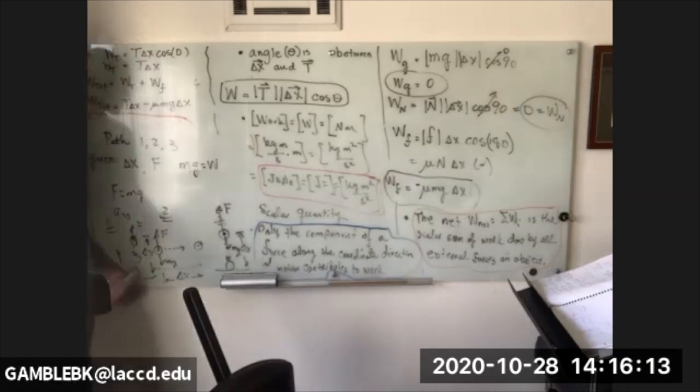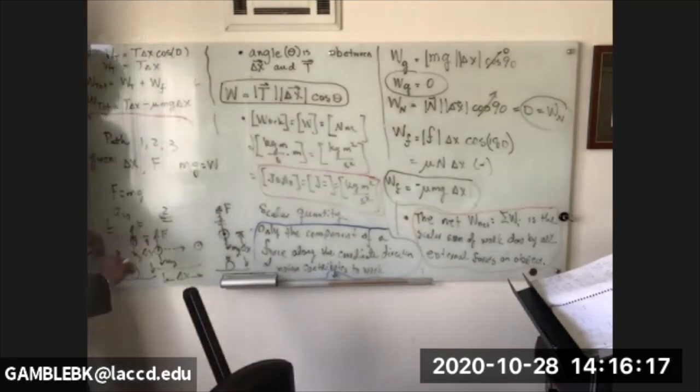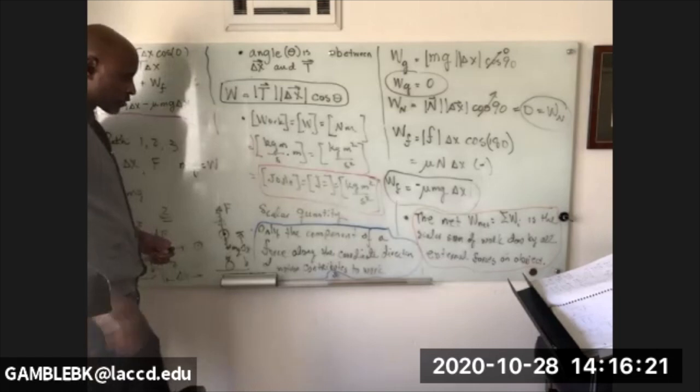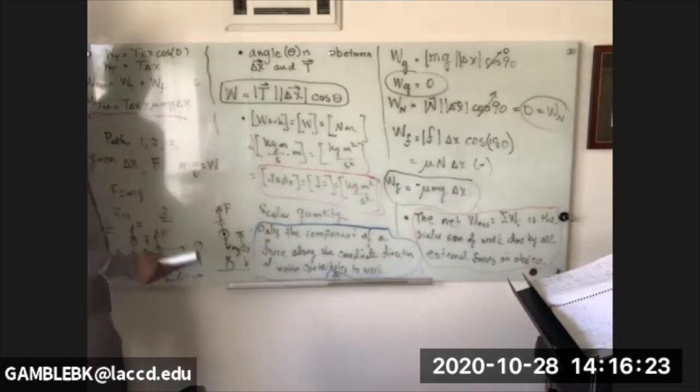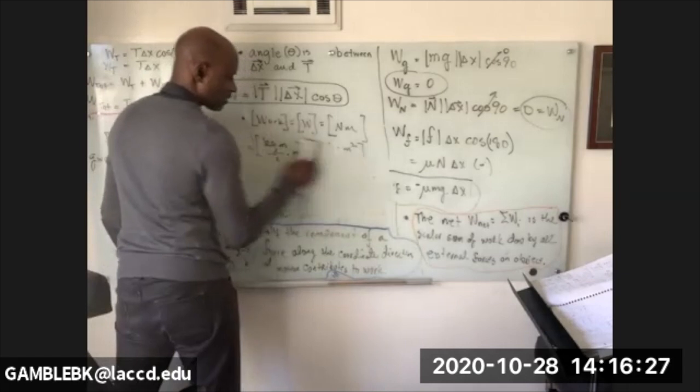So what I'm asking you to do is to use what we just talked about here to calculate the work in every path, every part. I'm going to go ahead and erase this.